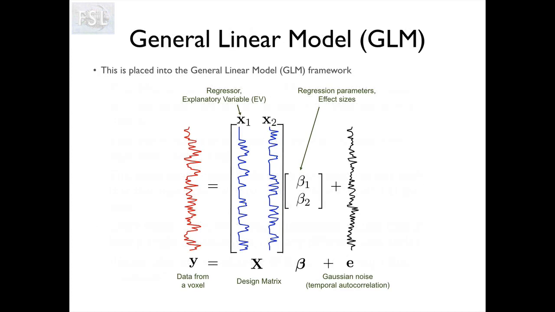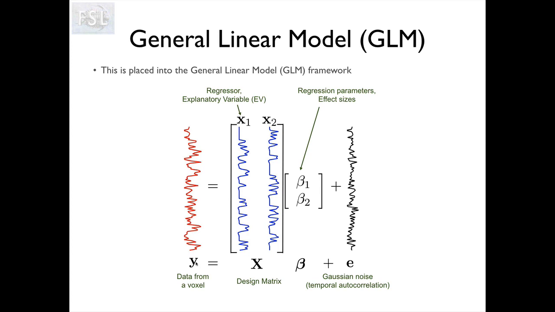Right. Okay, just formalizing this a little bit. So this is placed into the general linear model framework. And this is the equation that you will typically see not only in the modeling papers, but also in application papers and what have you.